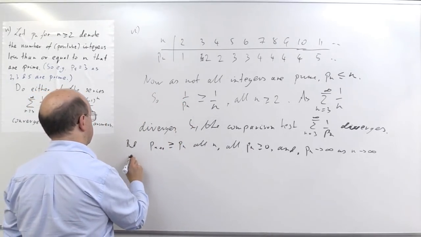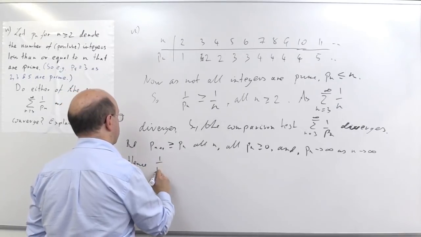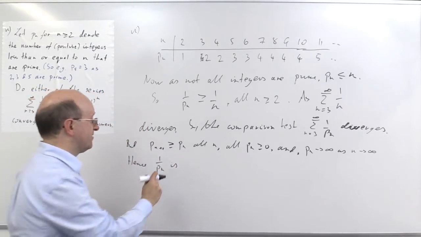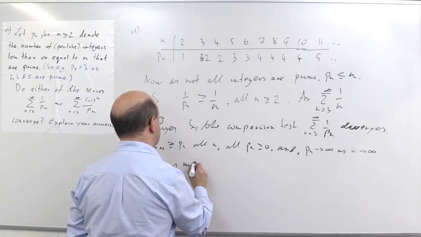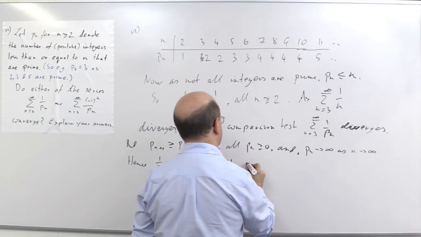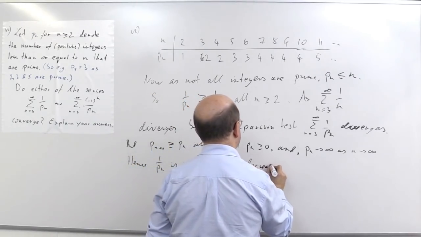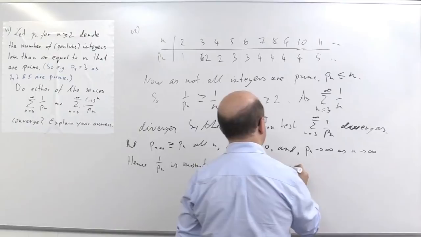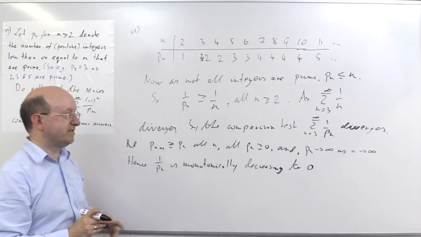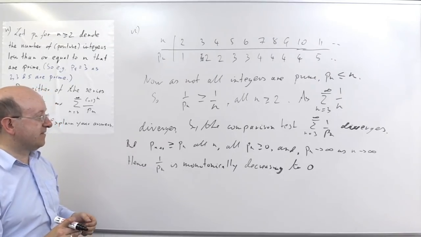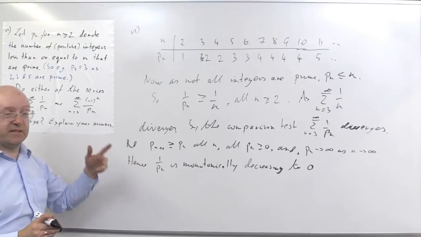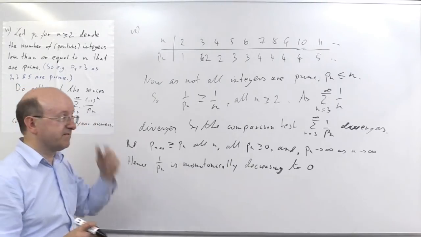Hence 1 upon Pn is monotonically decreasing, always going downwards, monotonically decreasing to 0, because Pn is tending to infinity, and it's positive terms, as I just said. So it follows from the Leibniz test, or the alternating series test, that this alternating series must in fact converge.